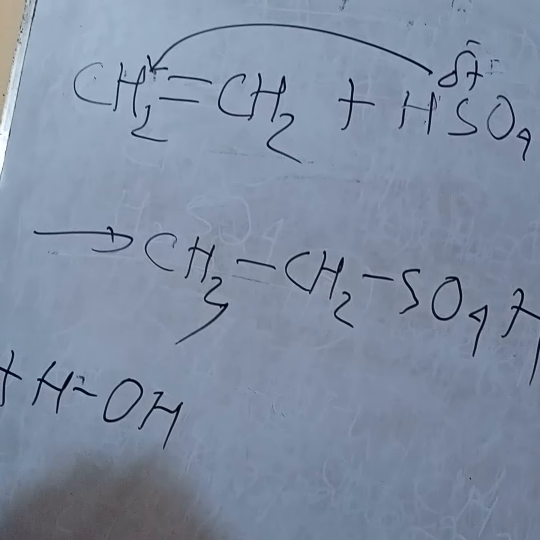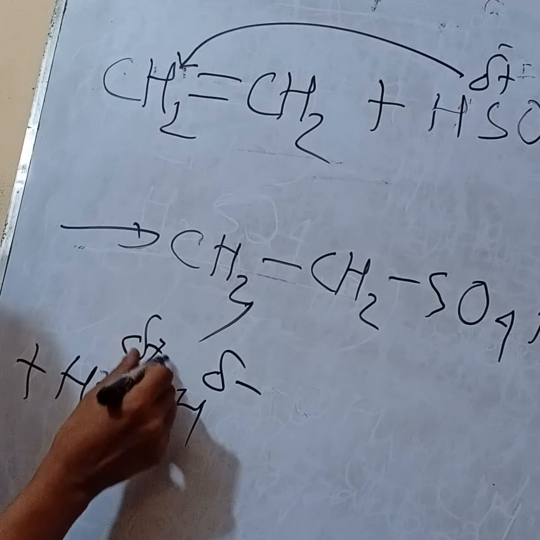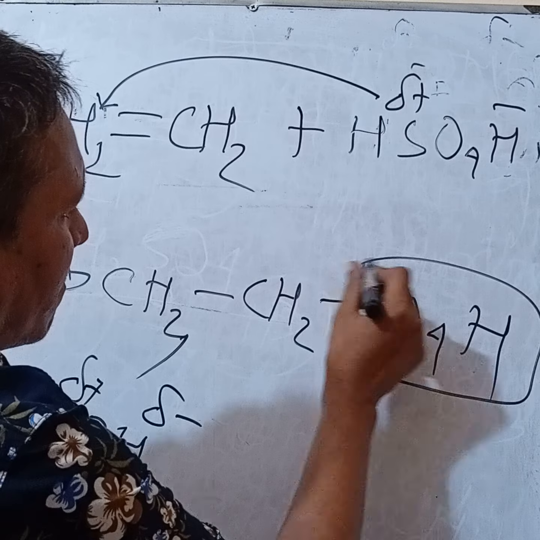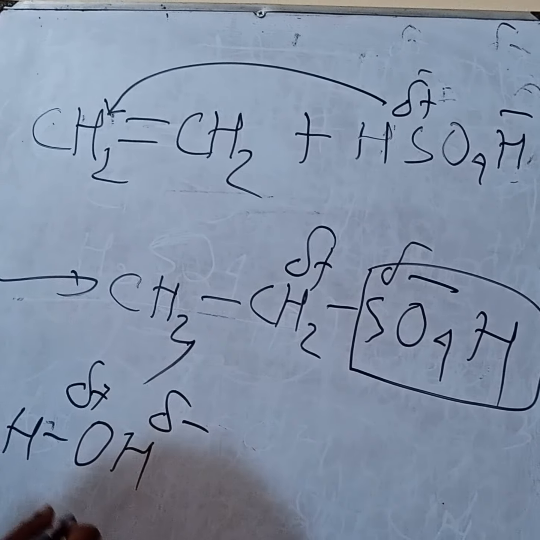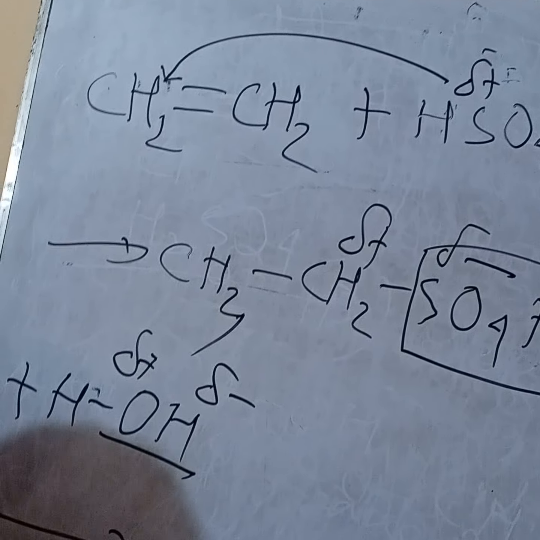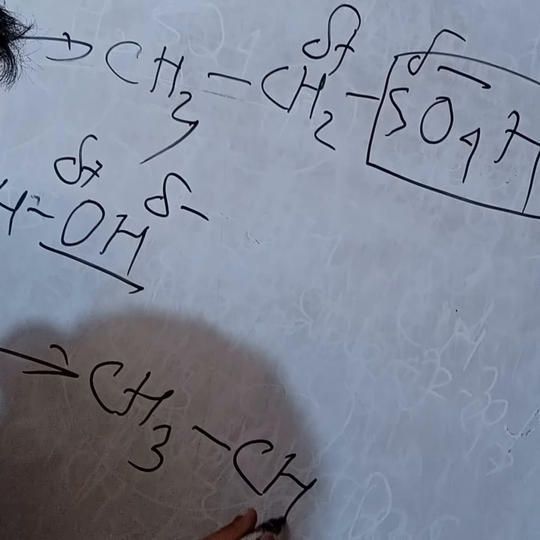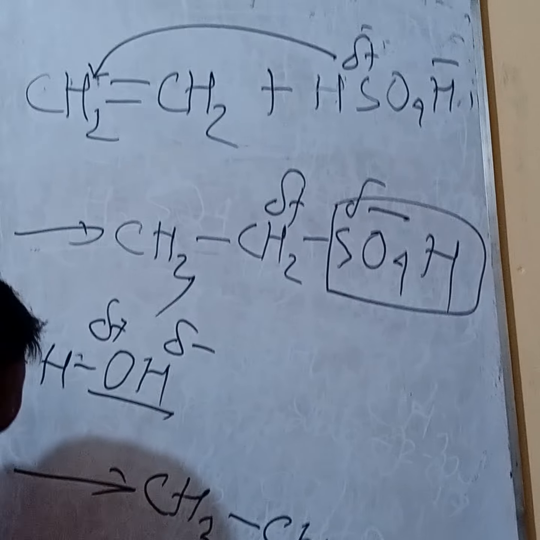Delta plus, delta minus and delta plus. This is the delta plus. Delta plus must be joined with delta minus OH. And then we get ethyl alcohol. So this was the title like this.